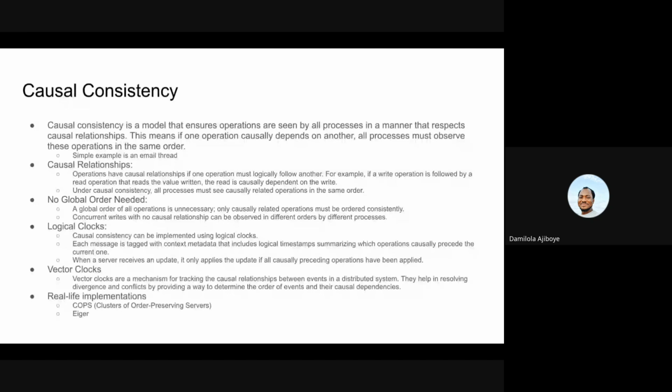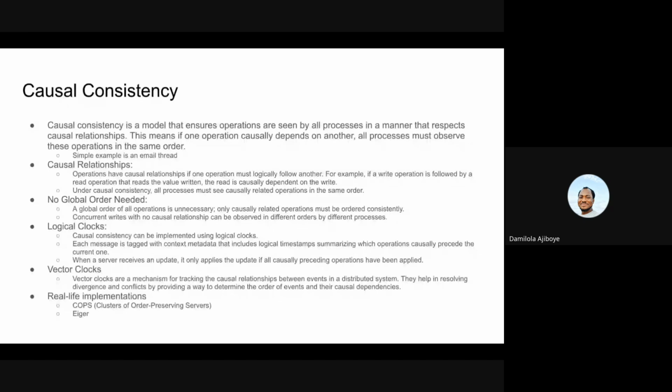For example, the first message is hello, and the reply is how are you doing? Even if the second message gets propagated faster in the network than the first, all the nodes need to be able to determine the causal relationship between these two messages, and make sure that they are ordered correctly.